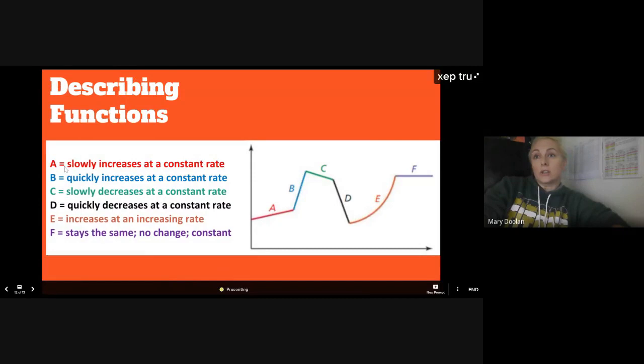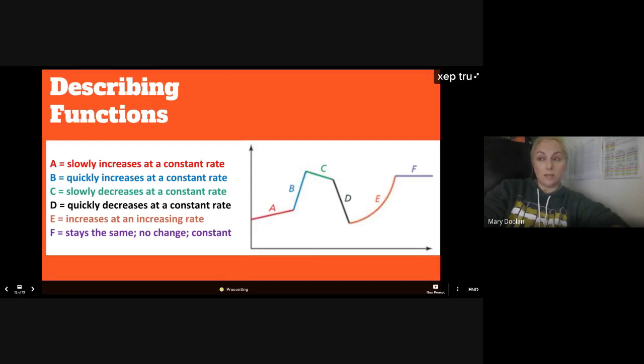Describing functions. So, if you're looking at a graph, and I have all these colored letters sections over here, okay, if you have something that looks like section A, well, that's slowly increasing at a constant rate. If you have something that looks like B, this blue section, well, this is also increasing at a constant rate, but much more quickly.